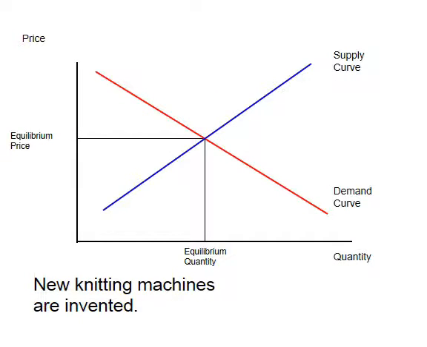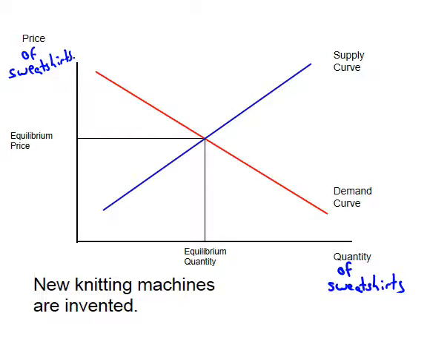New knitting machines are invented. So again, quantity of sweatshirts, price of sweatshirts. The knitting machines are used to make the cloth, and we can assume that it's a better technology, or we could say that the new knitting machines are actually used to make the sweatshirts.